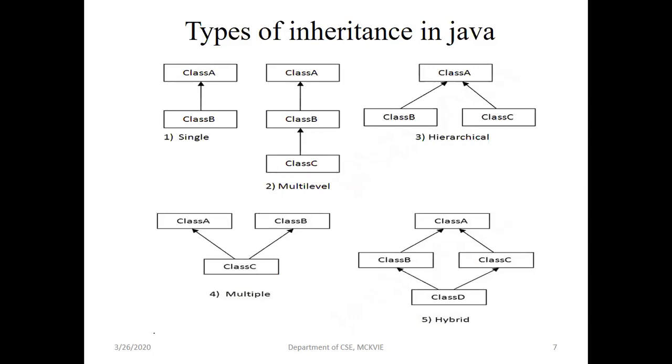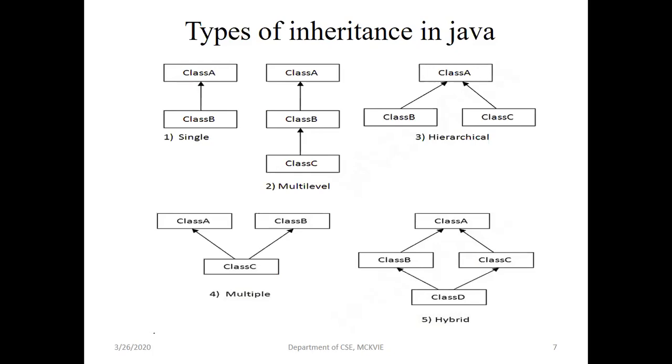Third is hierarchical, where class A is the parent class, and B and C are the child classes of class A. When I interpret this in the form of code, first we define class A, then we write class B extends A, class C extends A. So that is the example of hierarchical.